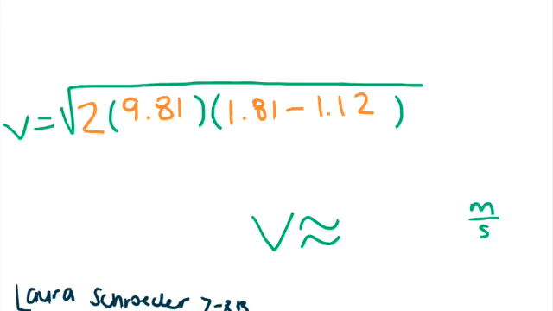And this is equal to approximately 3.68 meters per second. So that's the speed at the top of the loop.